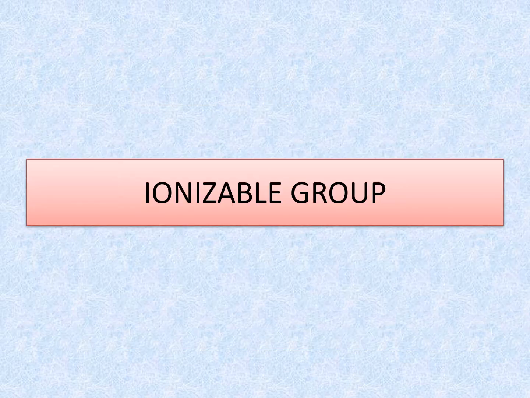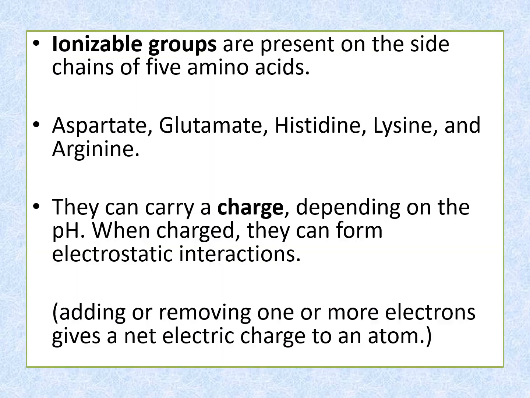So next one would be the ionizable group. Ionizable groups are present on the side chains of five amino acids, namely aspartate, glutamate, histidine, lysine, and arginine. So when we say ionizable groups, they have the capability to carry a charge depending on what environment they are exposed to, if the environment is acidic, basic, or just neutral.